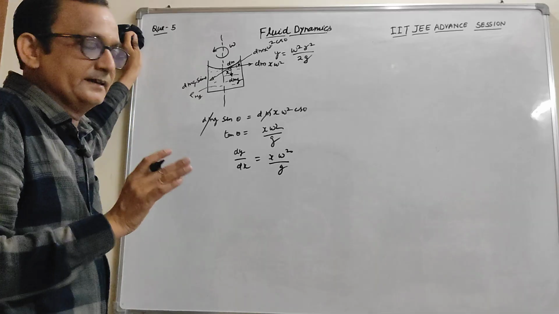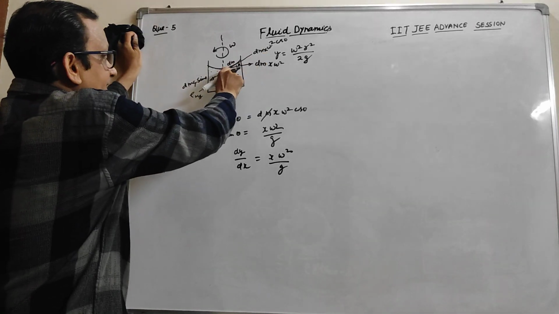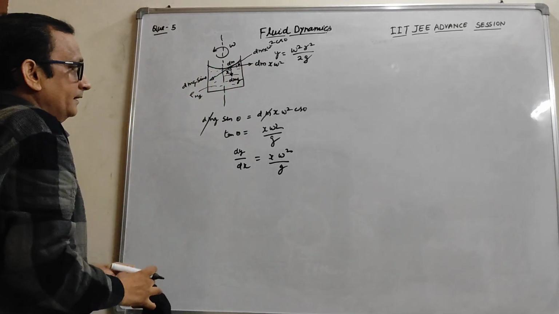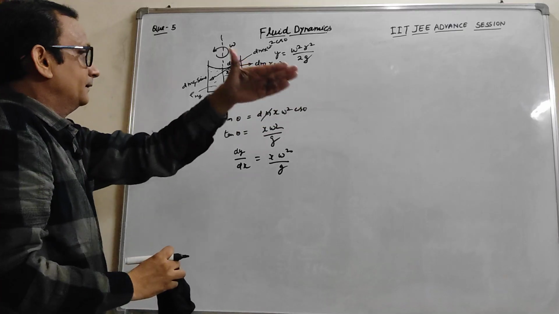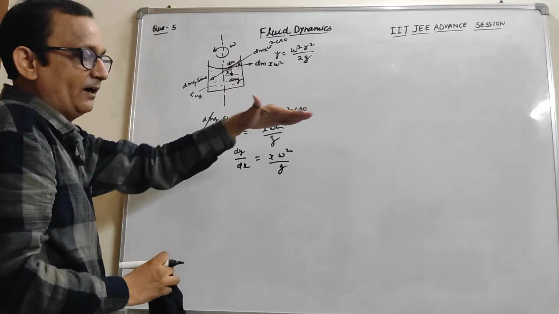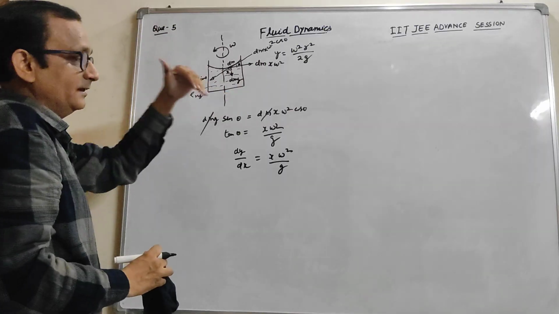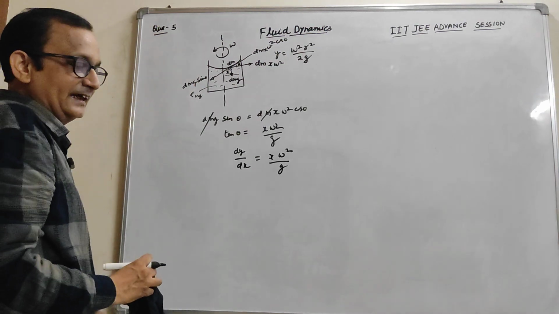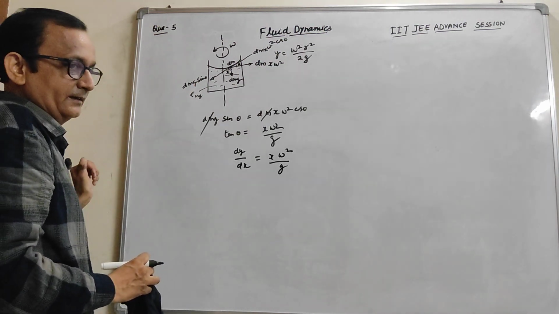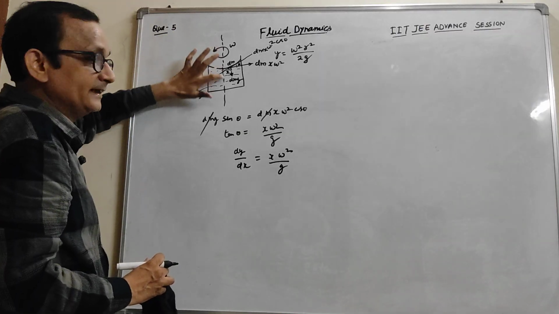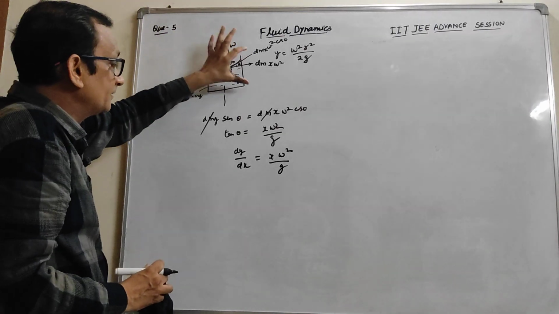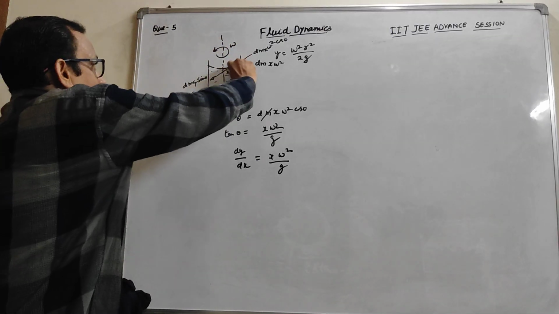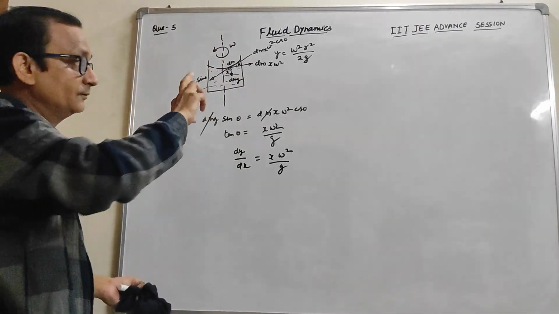Due to it, a centrifugal force acts on the liquid in the outward direction. In the outward direction the pressure increases proportional to r square, and vertically the pressure increment is proportional to r, and both effects together provide a parabolic shape.